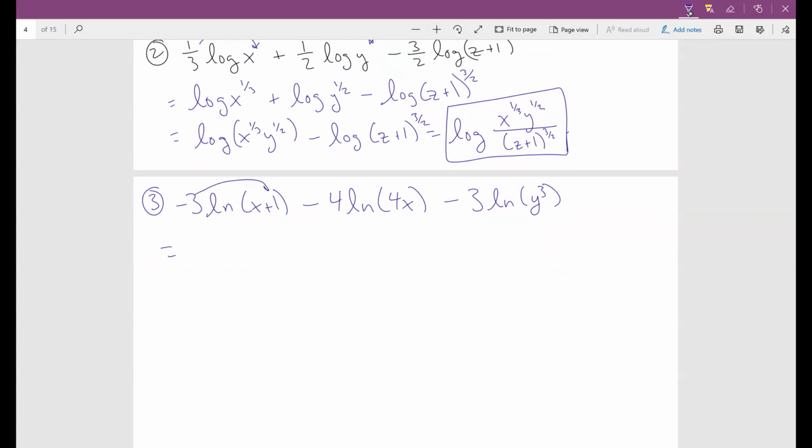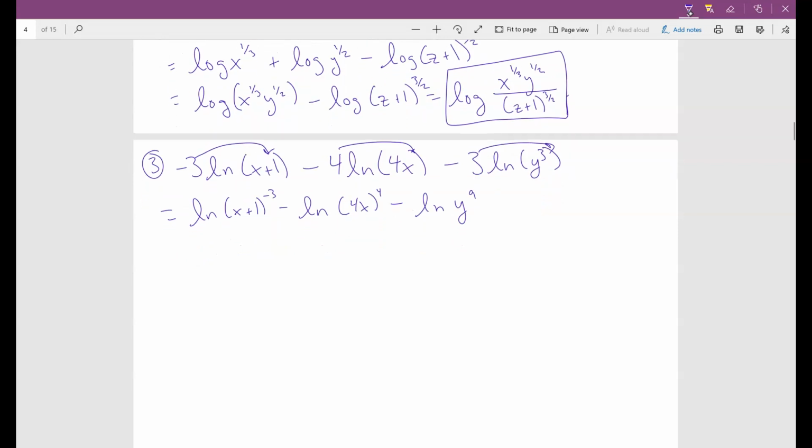Let's move these coefficients first. So this is going to be ln of x plus 1 to the power of negative 3, then minus ln of 4x, the whole thing to the power of 4, minus ln y cubed to the power of 3. That's going to be, oops, it's going to be ln y to the 9th.